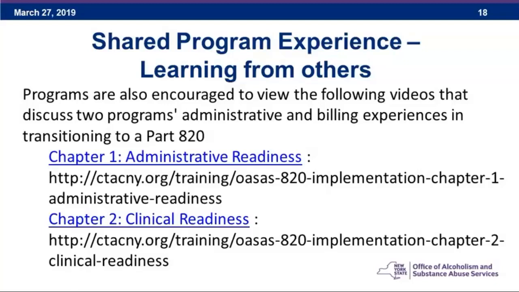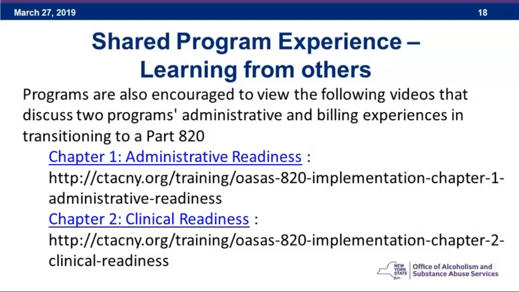And the reason we wanted to talk about that a little bit is that some of the lift for how to think about getting ready to do your 820 program had been done by some of the early adopters. The links out to Chapter 1 Administrative Readiness on this slide and Chapter 2 Clinical Readiness are links to conversations done by two of our early adopter programs.